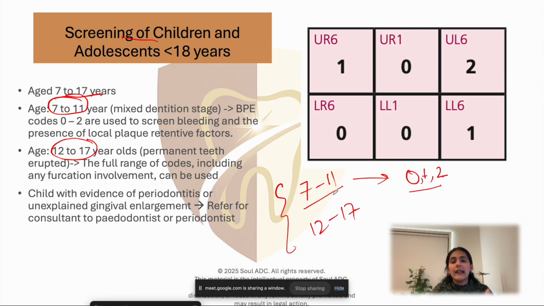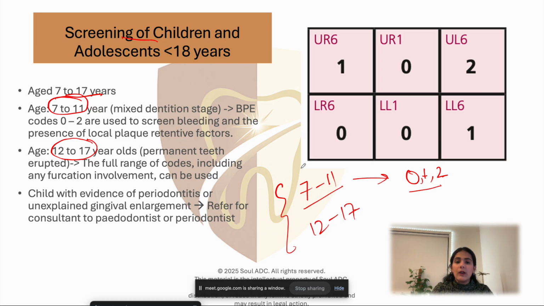Also, we know that children do not have periodontal conditions. If they have any periodontal condition, it means that there is some systemic issue happening and we need to refer them further to a GP, that is a general practitioner, or a periodontist, to get it checked and identify what exactly they are going through.